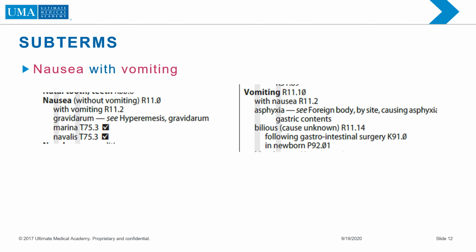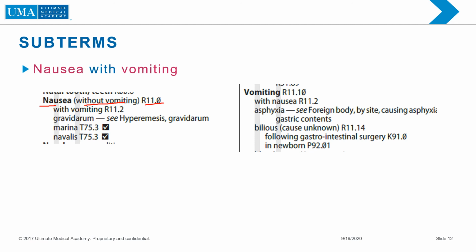Let's look at our other example with nausea and vomiting, where, as we discussed earlier, this can be found either under nausea or under vomiting. If you turn to your alphabetic index, you'll see that nausea without vomiting refers us to R11.0.